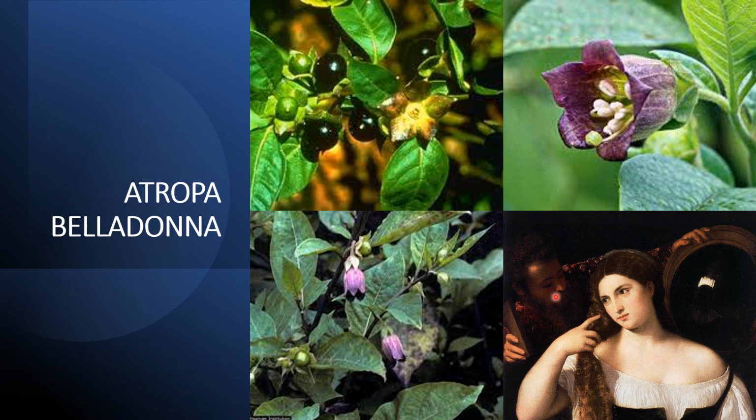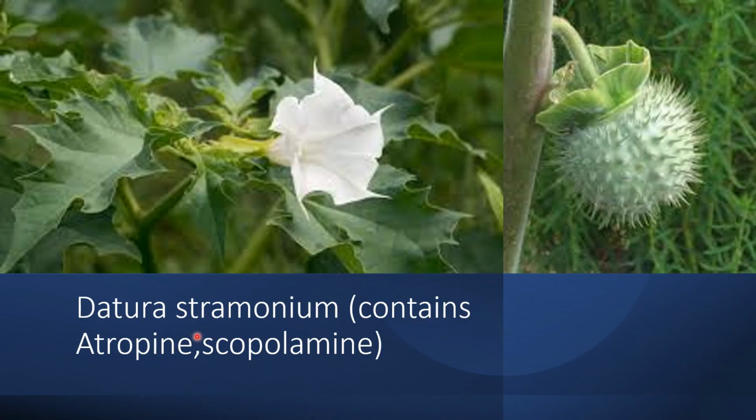In the Victorian era, women used eye drops prepared from Belladonna plants to dilate their pupils to make them more attractive and beautiful, and hence the name Atropa belladonna. This is Datura stramonium. This plant contains atropine, scopolamine and many other antimuscarinic alkaloids.